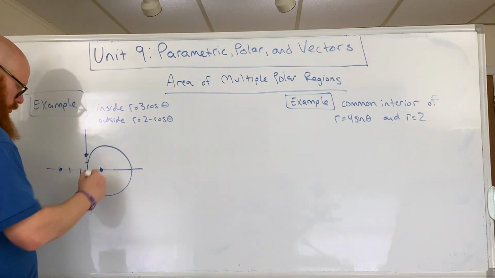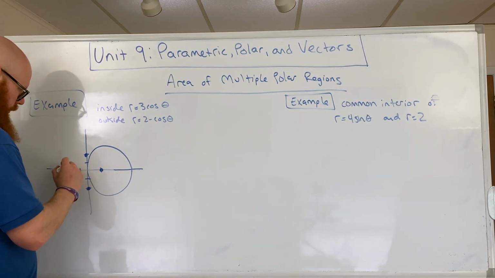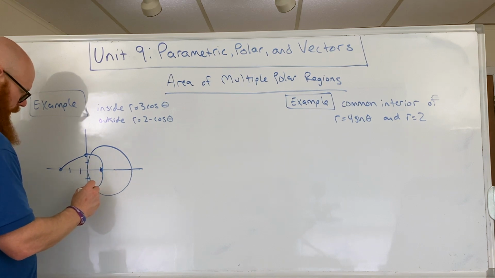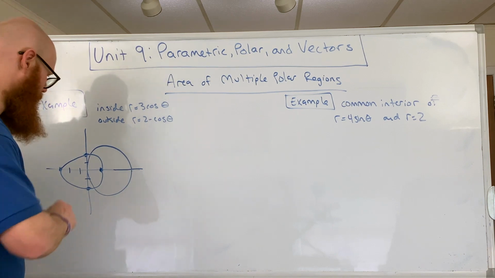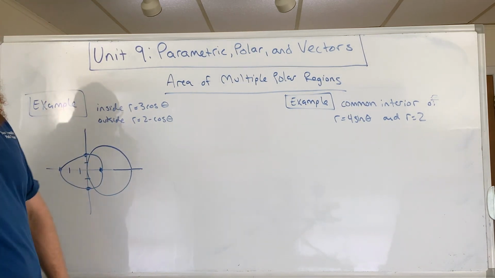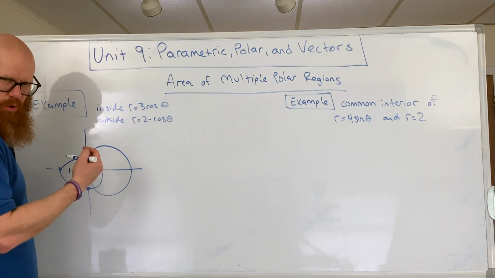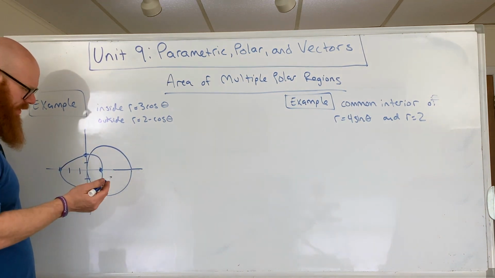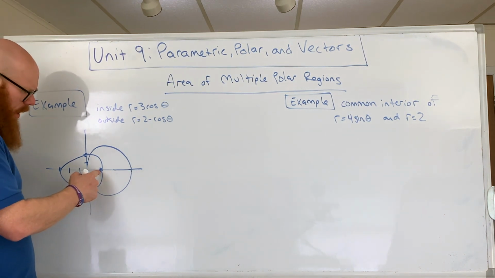Plug in 3 pi over 2 and you also get 2. So this is dimpled a little bit there. It doesn't really matter exactly what it looks like, but it doesn't have the inner loop. It's not a cardioid, since a cardioid would touch the origin, or the pole. This is simply called a dimpled, or sometimes a convex, limaçon.